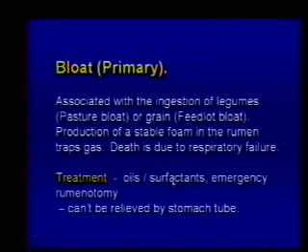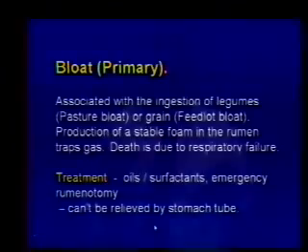There's also poloxalene, which is a surface active agent, and it dislodges or dissolves the complex of the saponins with the gas, and now the animal is able to eructate. If it is severe enough, we must do an emergency rumenotomy if the condition cannot be relieved by stomach tube.